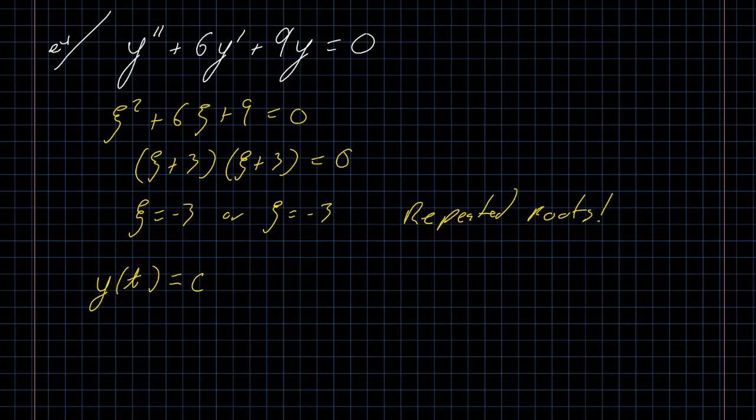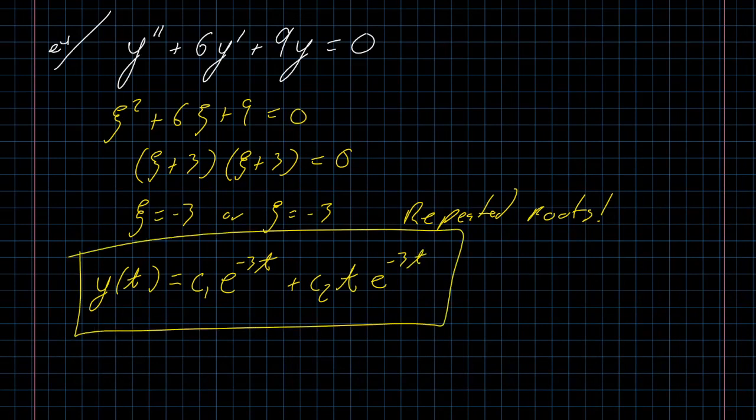We're going to have some constant C1 times e to the c, which in this case is -3 times t, plus some other constant C2 times the new thing we just realized works, t times e to the -3t. And whenever you have the repeated roots case, you know that that's what your solution is going to look like.